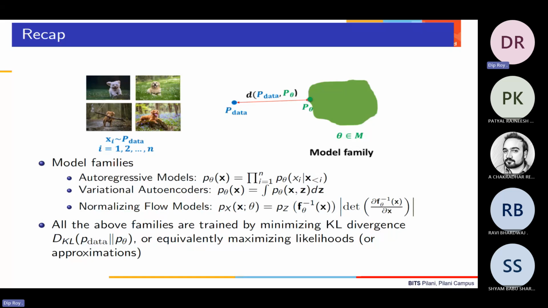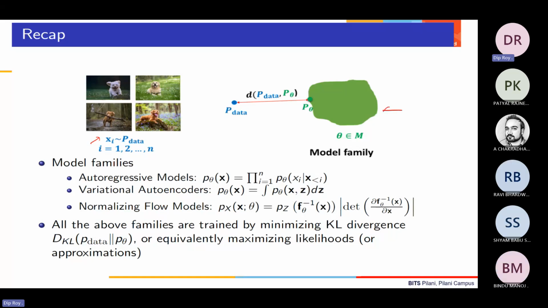This is our usual diagram that we refer to, and what we have done till now is essentially study autoregressive models. The usual story is that we have access to samples from the true data distribution, and a model family, usually represented by a neural network whose parameters are theta.